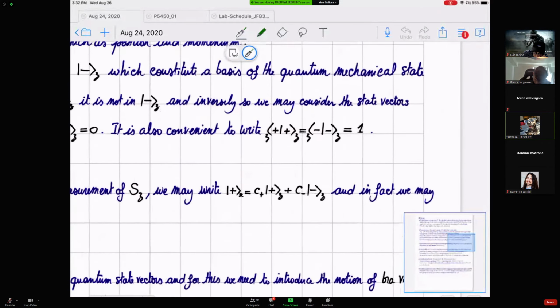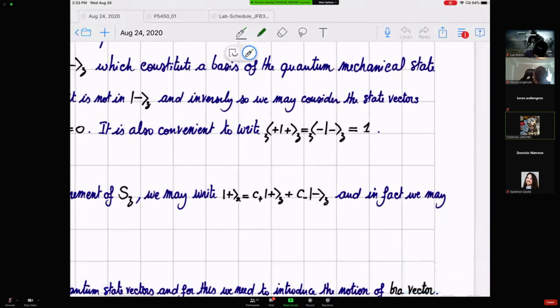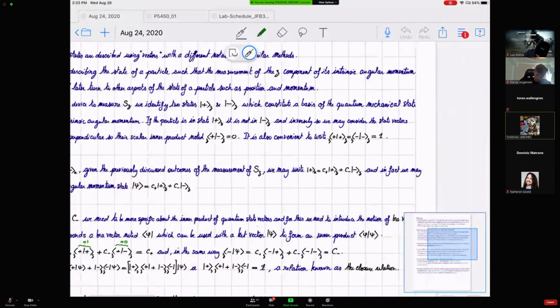And another requirement, which also will be justified as we work through this formalism, is that we're going to choose the inner product between the minus sub z vector and itself, as well as the plus sub z vector and itself, to be equal to 1. Okay.